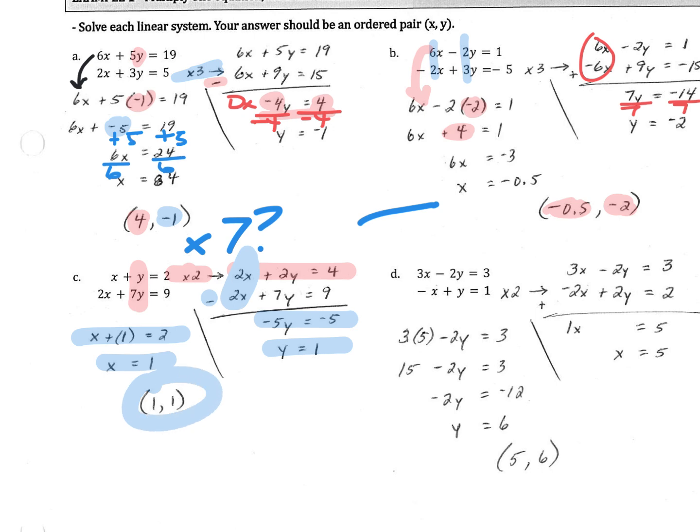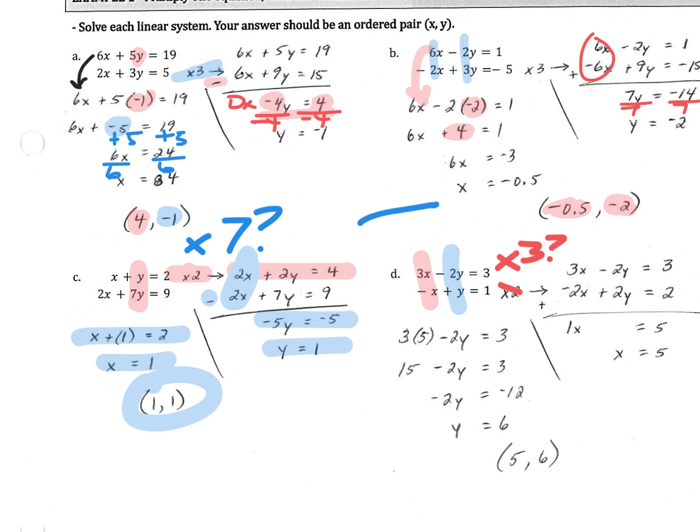Letter D, let's look at what we chose to do there. Letter D has these two equations. I have two options here. I could multiply by times 3 instead. If I did times 3, I will get my x's to match up. I chose to do times 2 to get our y's to match up.